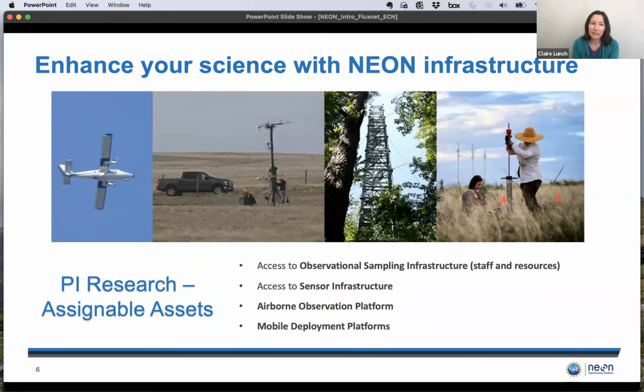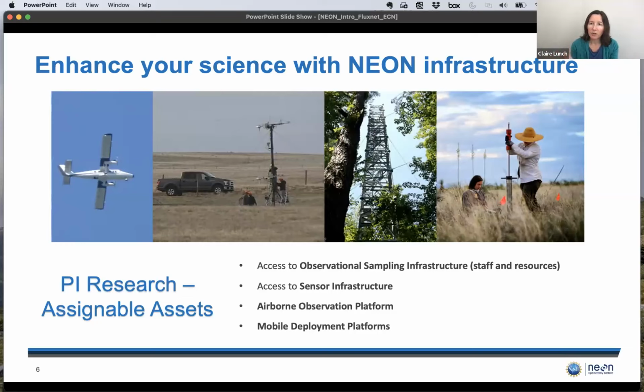For example, you can hire a NEON plane to fly over your site, some location that NEON doesn't fly over by default, and collect the same types of data over that region as we get at the NEON sites. Similarly, you can hire a mini tower to come and be set up temporarily in a location where NEON doesn't have a tower.